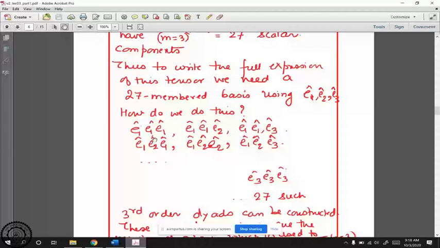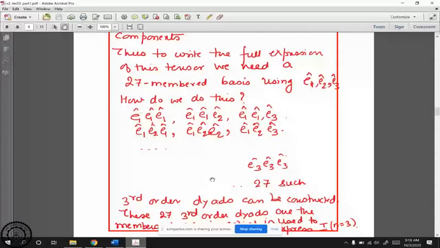And as before, the order matters. So E1, E1, E2 is not the same as E1, E2, E1. So you do make a distinction because of this order, and thus you will end up having 27 members.